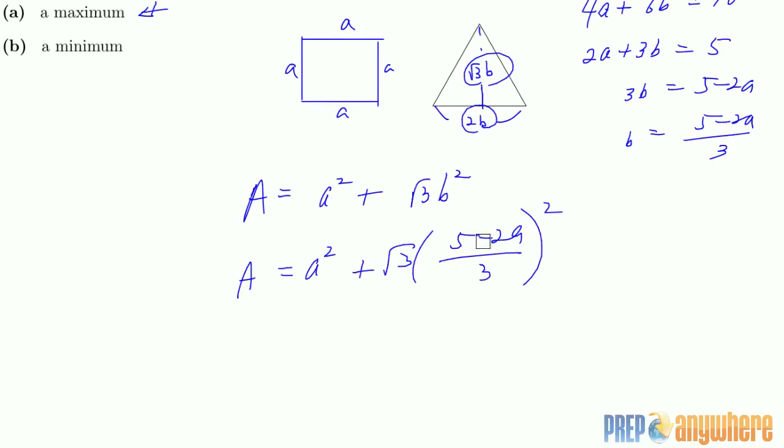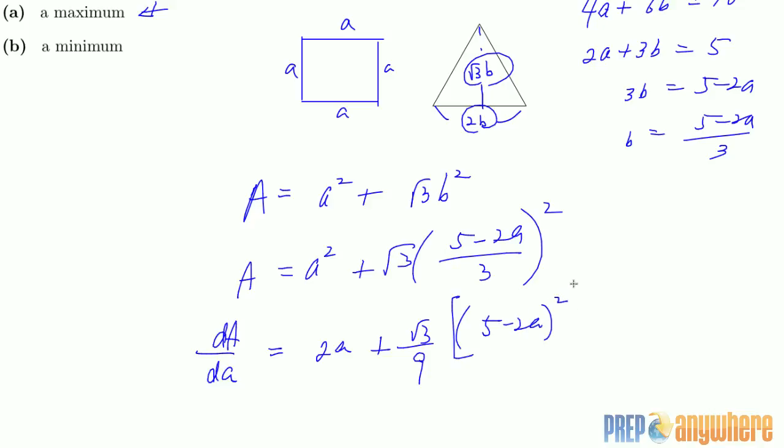I was going to say it turns out nice because it cancels some stuff, but it doesn't. So differentiate this with respect to small a. So this you can actually factor out root 3 over 9 and just differentiate the 5 minus 2a. Like just differentiate this part.